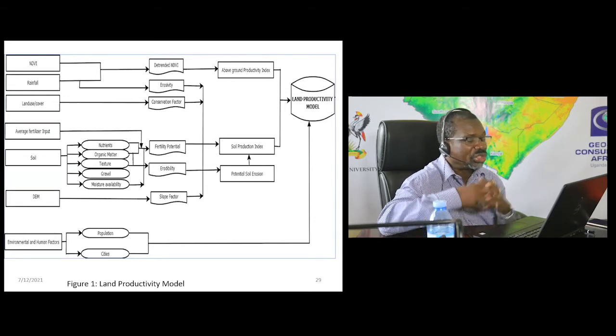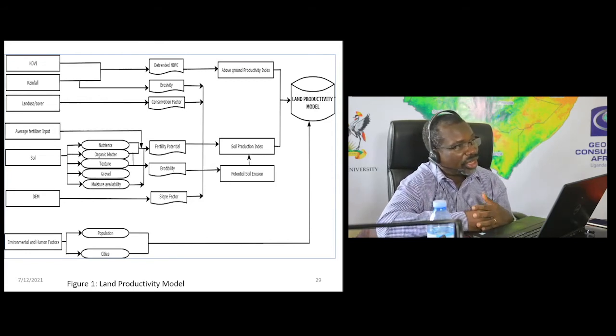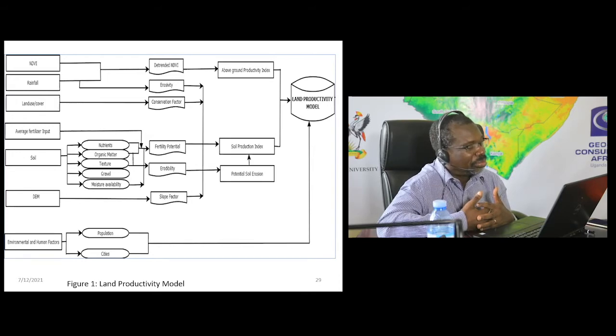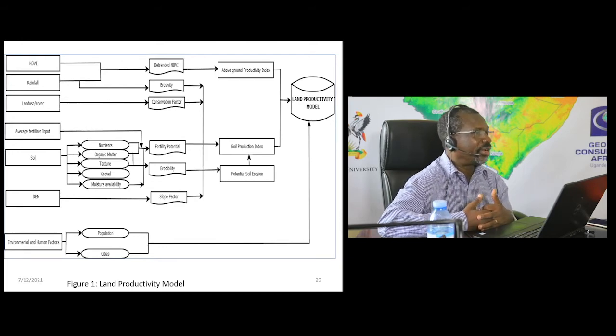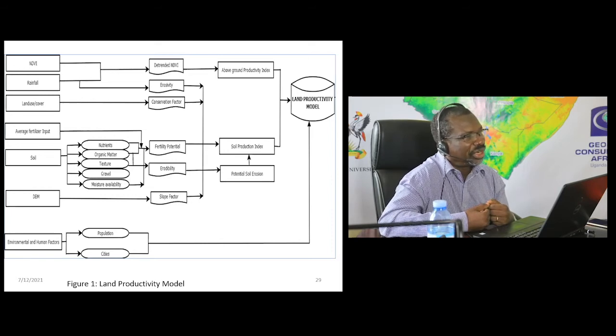Of course, consideration was also given to the environment, basically the human factor, looking at population density, but also the existing cities, because both population and cities, where we have cities, that's why we expect to have a bit of a high concentration of human beings.